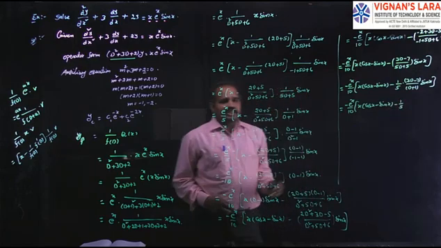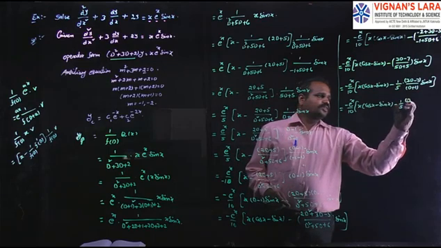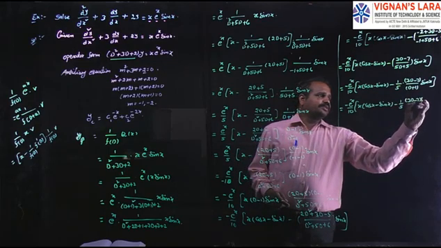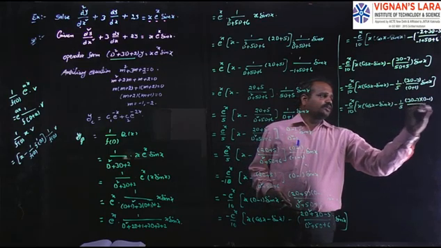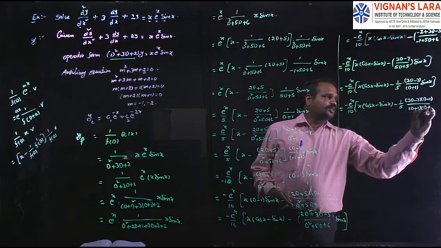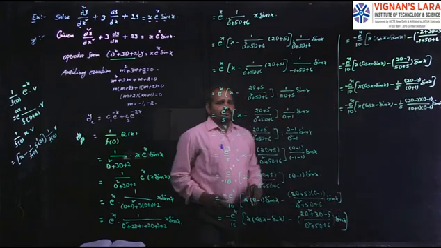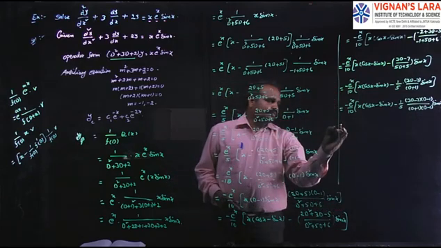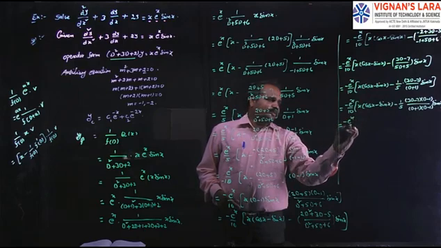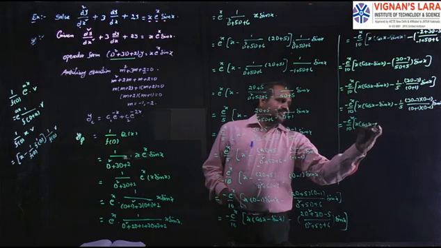The rationalizing factor of the denominator is D minus 1. So (3D minus 7) into (D minus 1) by (D plus 1) into (D minus 1) into sin x, which is equal to minus e power x by 10 x into cos x minus sin x.